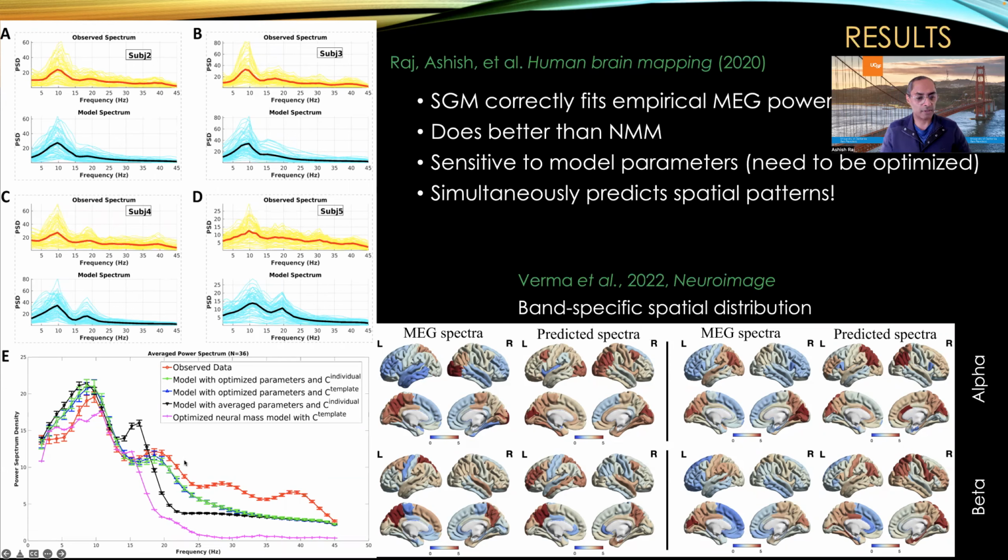And in particular, it's actually better than an optimized neural mass model with coupling. And as you can see at the bottom right, the model can actually capture not just the spectral response, but also the spatial pattern induced, in this case, by alpha and beta band power.